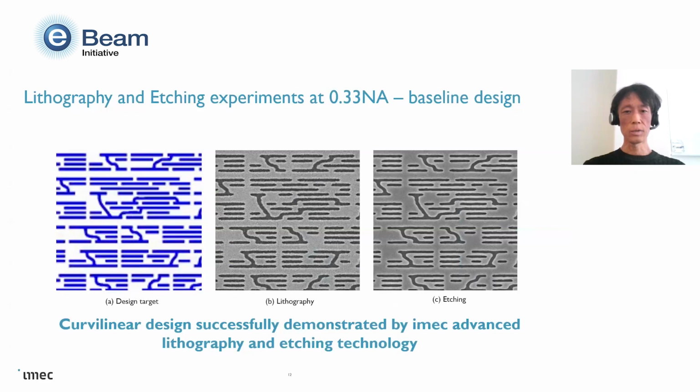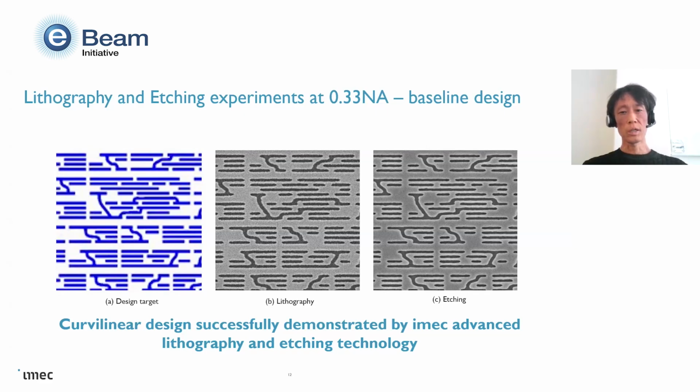So next, we validate the curvilinear pattern transfer on the wafer. The figure compares the original design targets, the lithographic results, and the final etched pattern. Using the 0.33 NA UV lithography, followed by the etching integration, smooth curvilinear contours are successfully transferred onto the wafer.